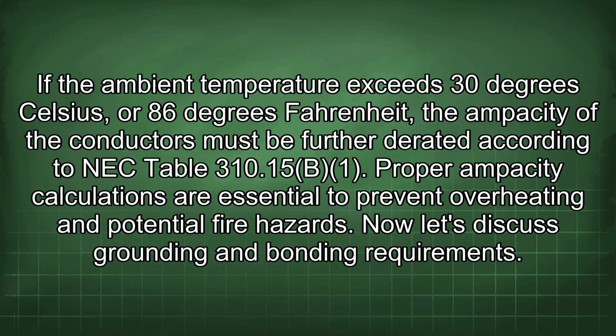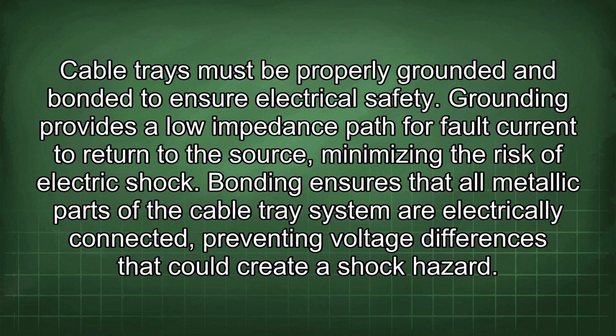Now let's discuss grounding and bonding requirements. Cable trays must be properly grounded and bonded to ensure electrical safety. Grounding provides a low impedance path for fault current to return to the source, minimizing the risk of electric shock. Bonding ensures that all metallic parts of the cable tray system are electrically connected, preventing voltage differences that could create a shock hazard.